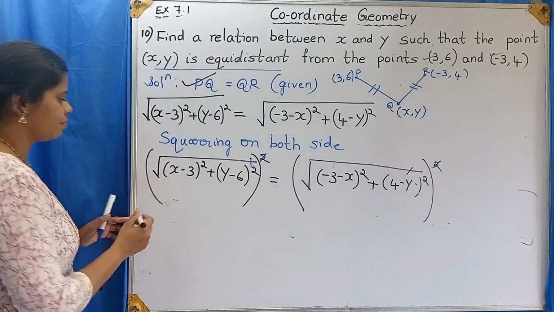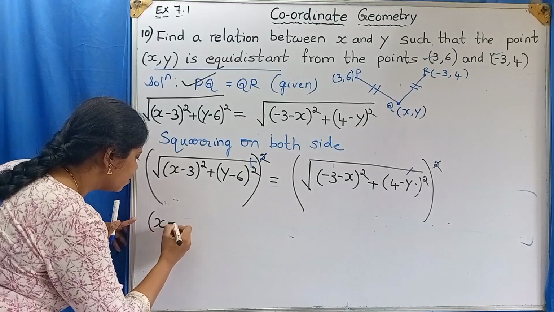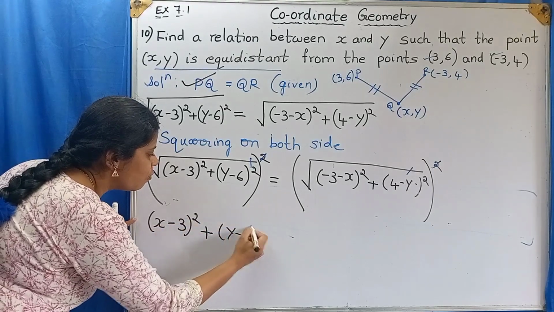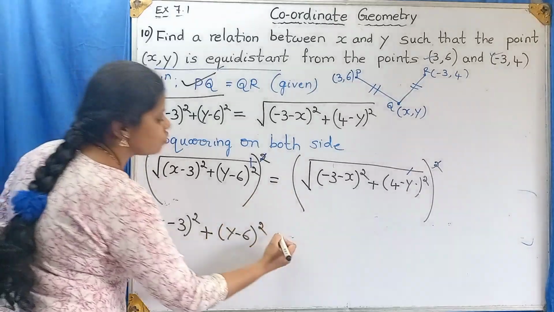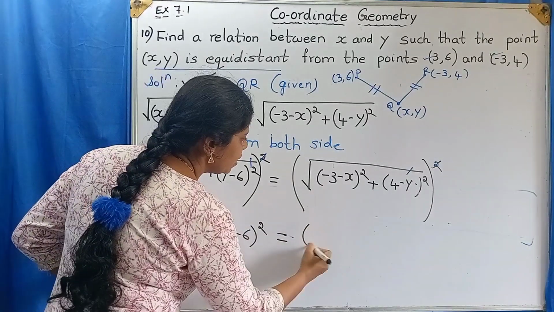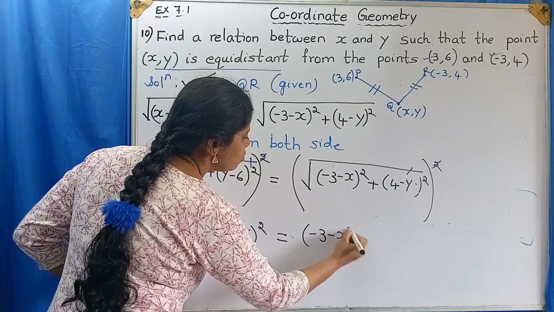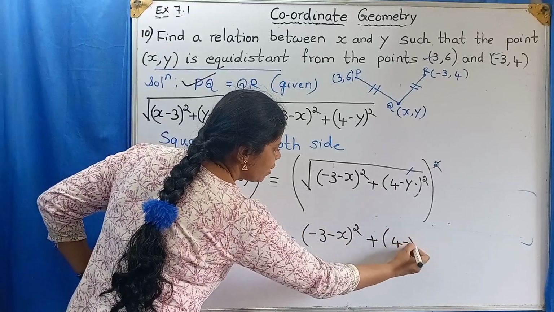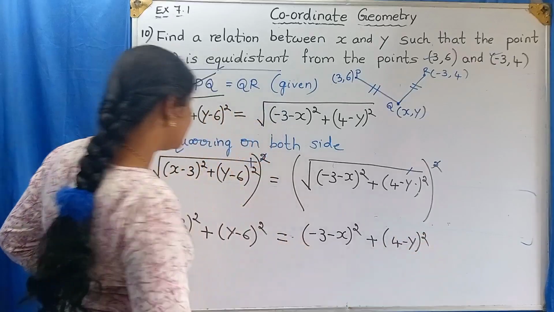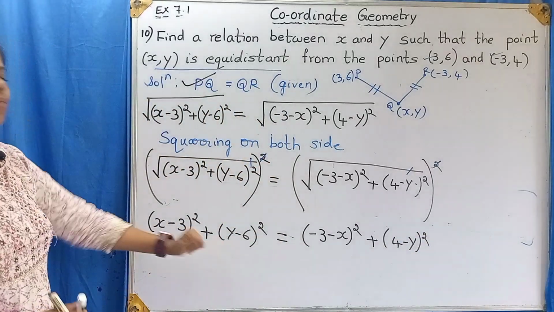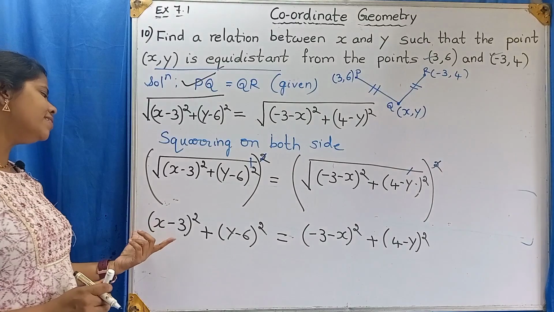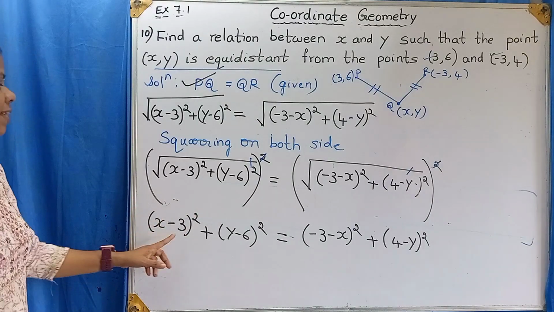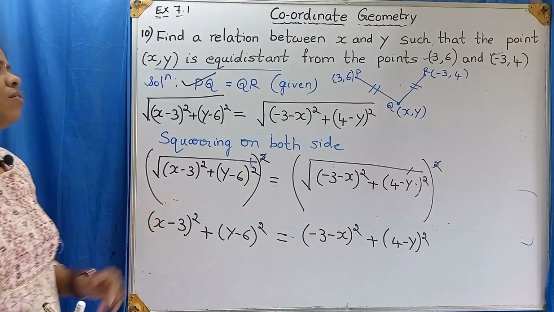Now what is left? (x minus 3) the whole square plus (y minus 6) the whole square is equal to (minus 3 minus x) the whole square plus (4 minus y) the whole square. This is left, and we have to simplify this. Now look at this carefully. (x minus 3) the whole square is in the form of (a minus b) the whole square.